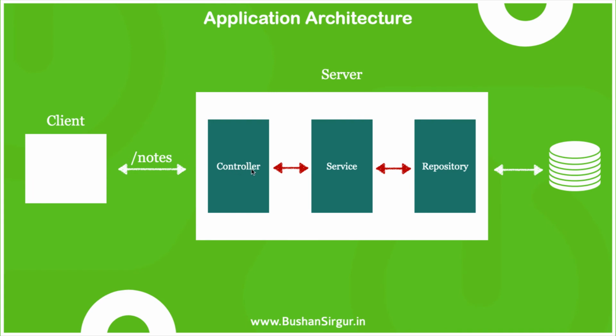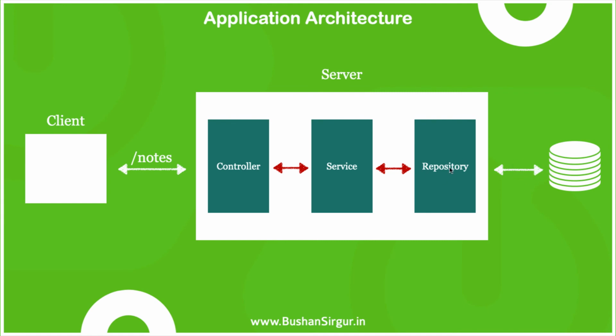Once the URI matches, the respective method will be executed, and inside the controller we call the service method for extra information. The service layer calls the repository layer or the DAO layer for the database operations, and the repository layer interacts with the database for the CRUD operations like create, read, update and delete.